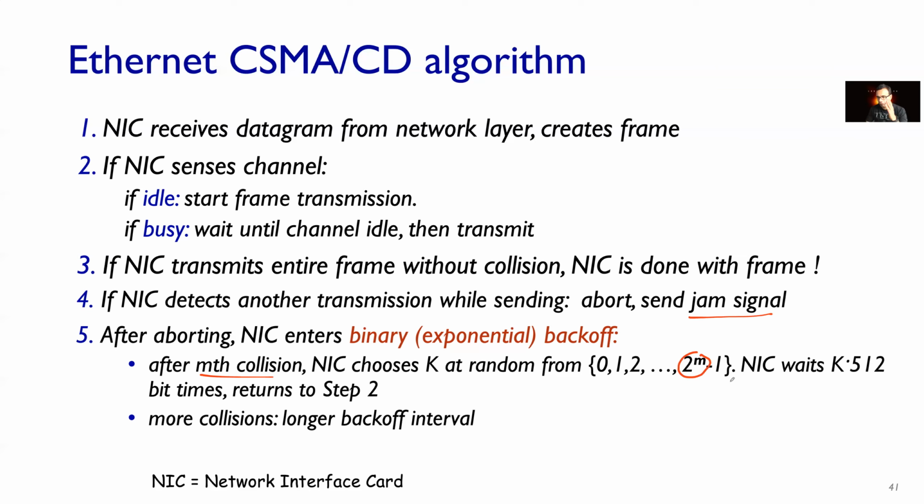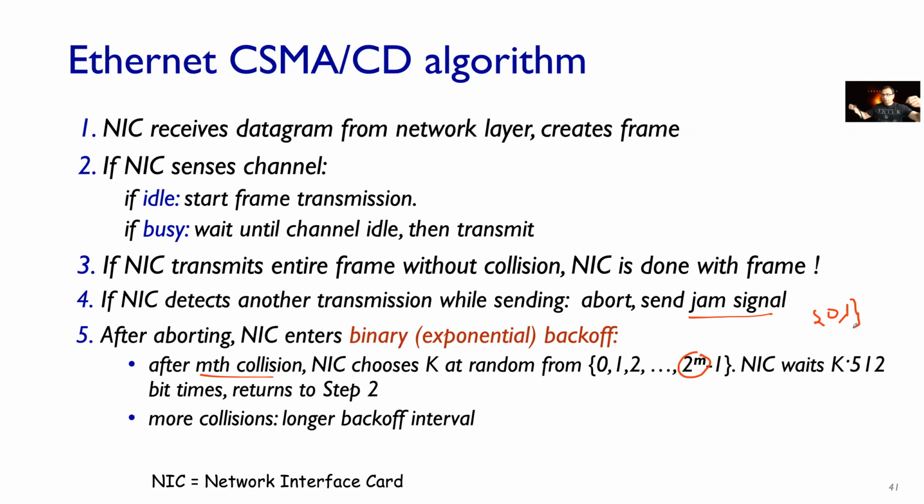So imagine this was the first collision that happened. Nodes send, they realize there's a collision, they have aborted. Now they want to retransmit. So m is 1, and 2 to the power m is 2, minus 1 is 1. So initially this set will be just 0 and 1.